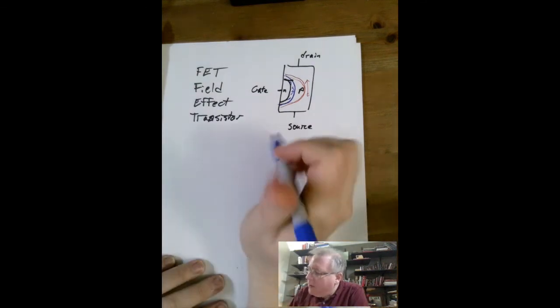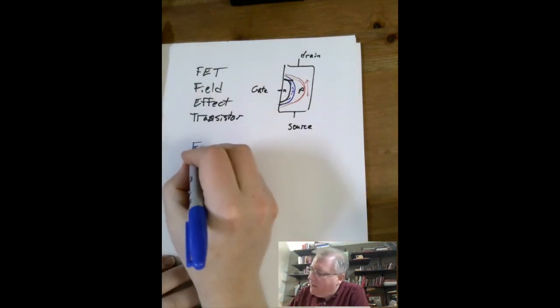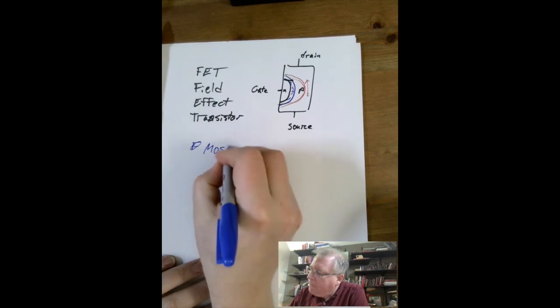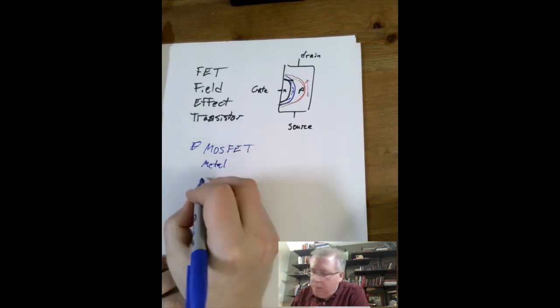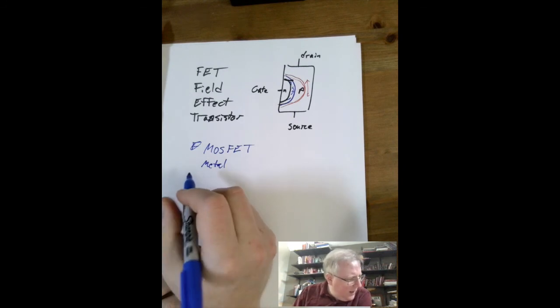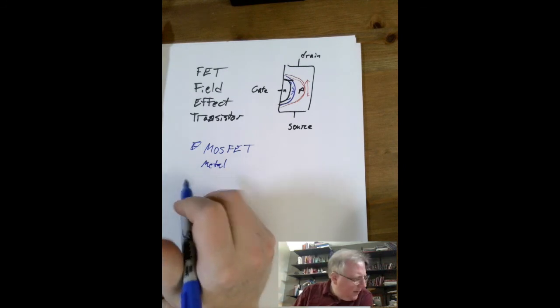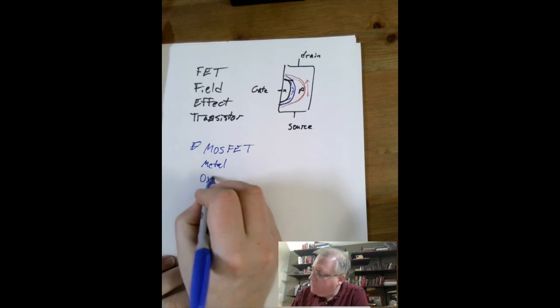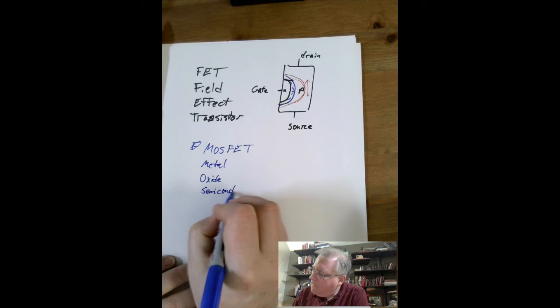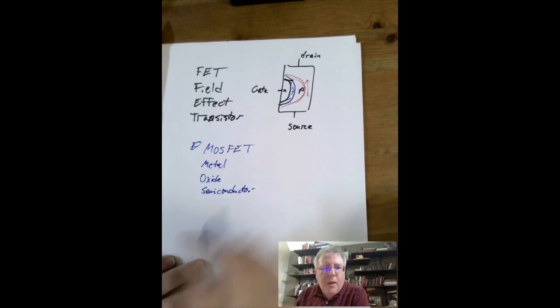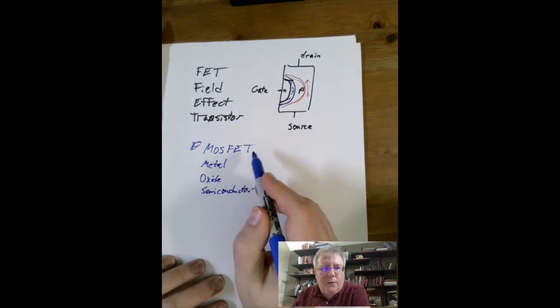In particular, there's one type of technology called a MOSFET, and this stands for metal oxide semiconductor. So metal oxide semiconductor field effect transistor, or a MOSFET.